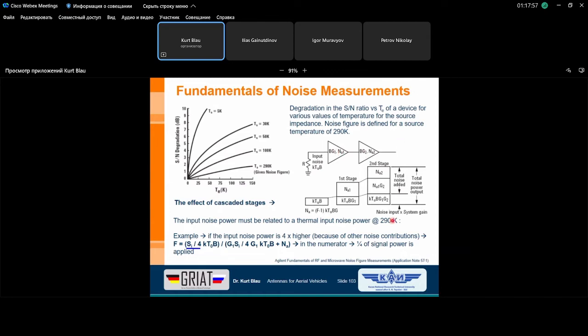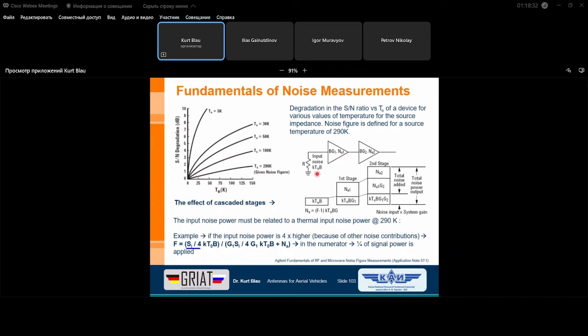And here we can see that we have, let's say, a much worse signal to noise ratio at the output. It's not the same as at the input. To give you an example, assume this is the thermal noise power at the input, meaning at the input we must have an environmental temperature of 290 Kelvin.